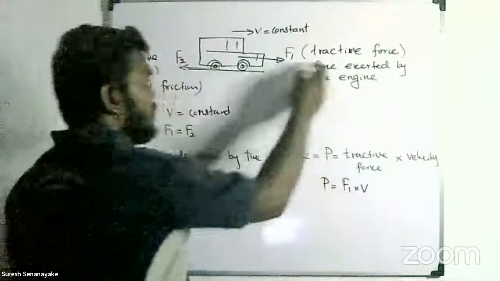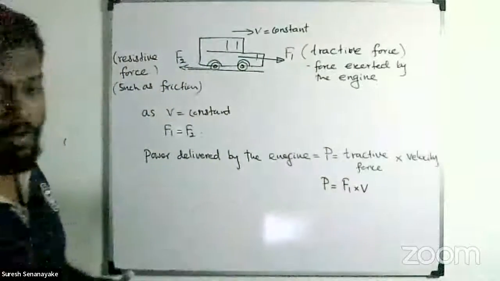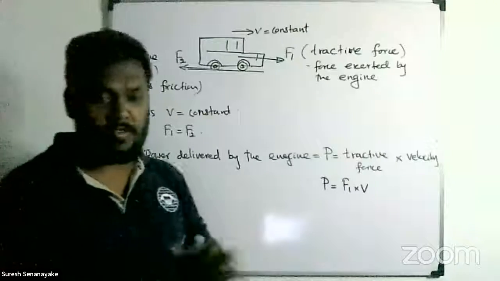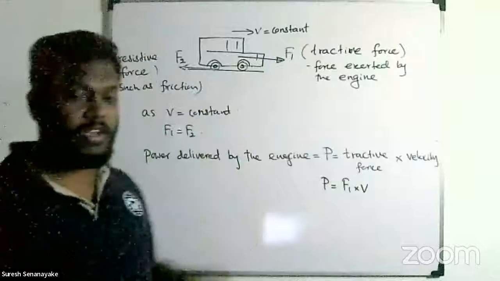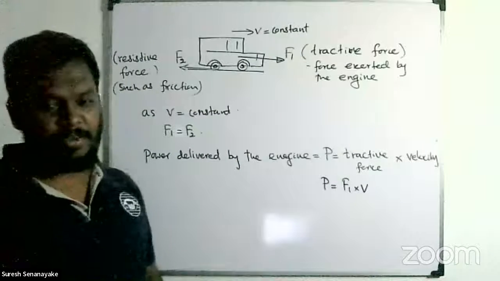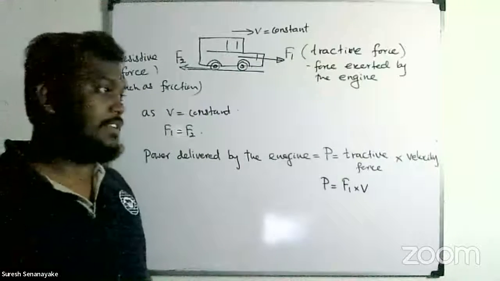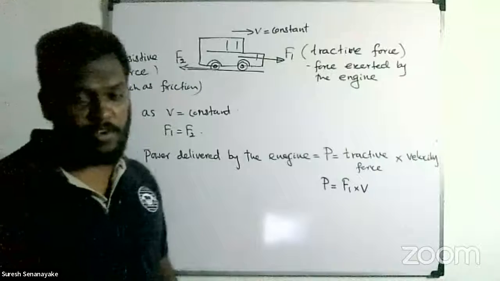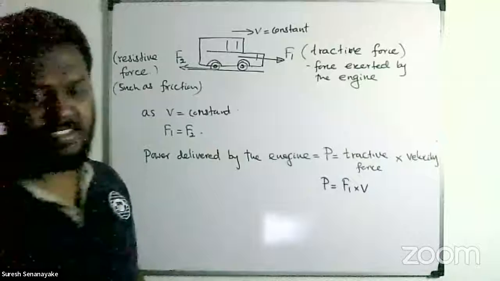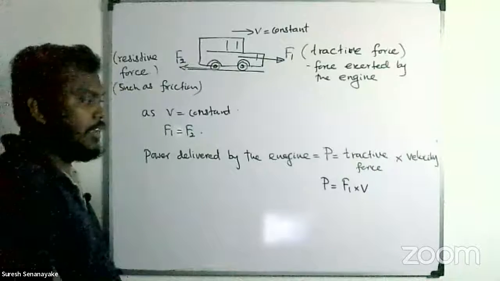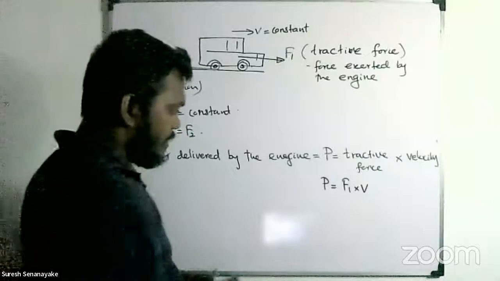If the tractive force is greater than the air resistance and all the resistive forces, then only the vehicle can accelerate. If the tractive force is less than the total resistance, what happens? If let's say the friction is greater than the tractive force, then the vehicle is not moving, no work done. It will be at the same place, so no work done.